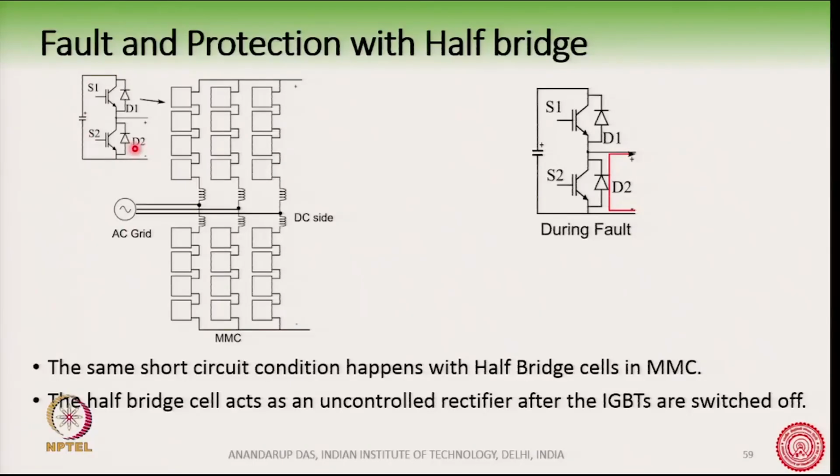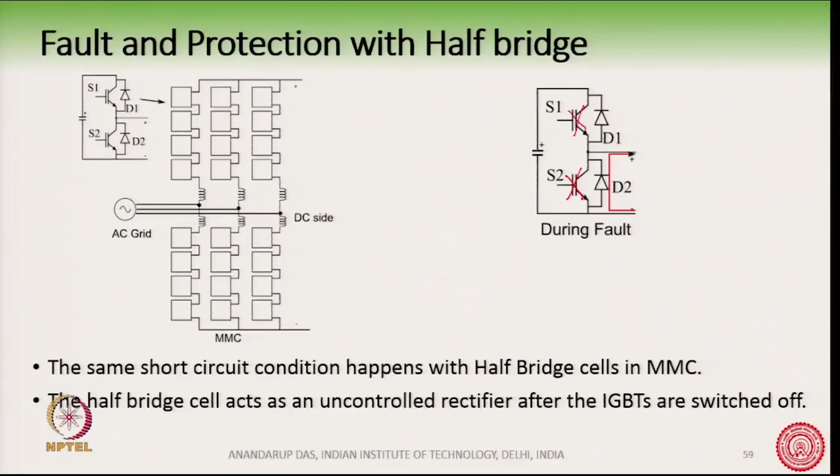Now, one important property of the half bridge is this. Suppose there is a fault, and by fault I mean a very severe fault. Let us analyze the behavior of a half bridge circuit. Suppose we have seen a very severe fault happening in the circuit, and for the sake of protection we switch off the transistors, within 10 microseconds for example.